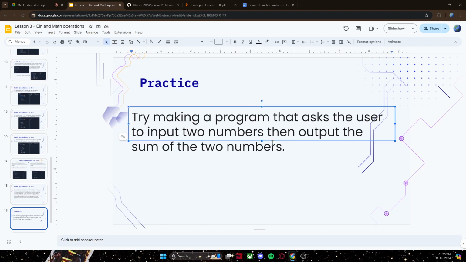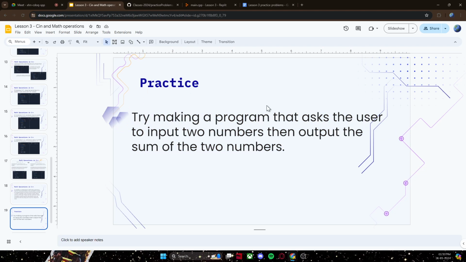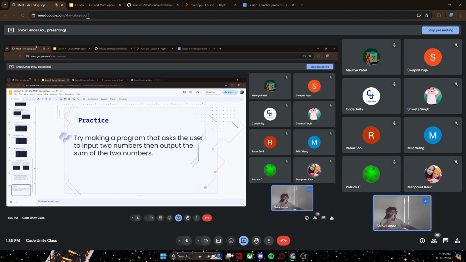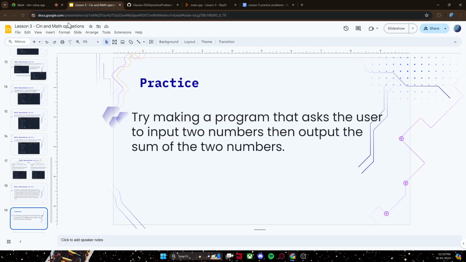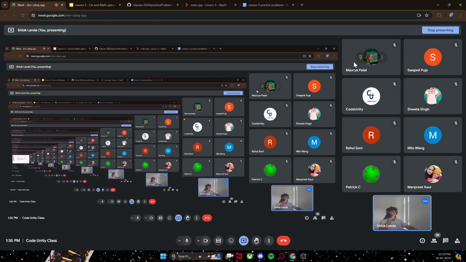Alright, was everyone able to solve this, or does anyone have any questions for this problem? No questions? Alright, that's pretty good. Also, whoever joined for their first lesson today, were you able to set up Replit, or do you need help with that?